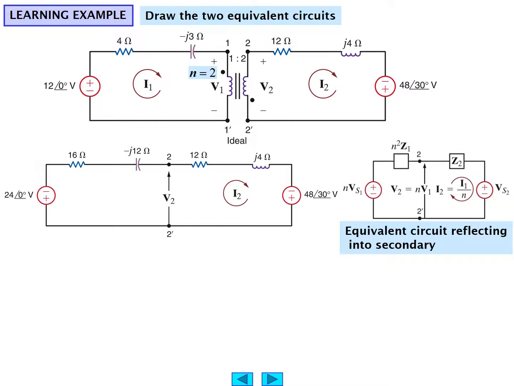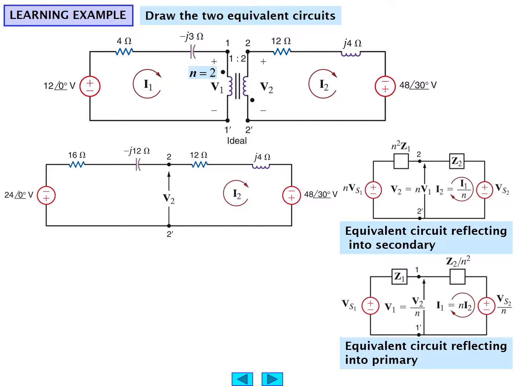Notice that Z1, which was before 4 in series with minus J3, is now by the turns ratio 1 to 2, and its square, which is 4, it's now 16 in series with minus J12. And we, of course, have voltage V2. And then our secondary circuit remains the same, 12 and J4. And our voltage source the same also.